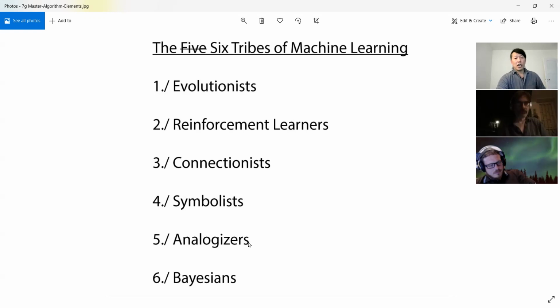Okay, the last tribe is the Bayesians. I don't know why he calls it a tribe, because it's a statistical method that has a kind of cult following. Now, what we propose is that the brain doesn't really do Bayesian analysis. Many people, psychologists and Bayesian statisticians, think the brain does, but most people don't find Bayesian statistics intuitive.